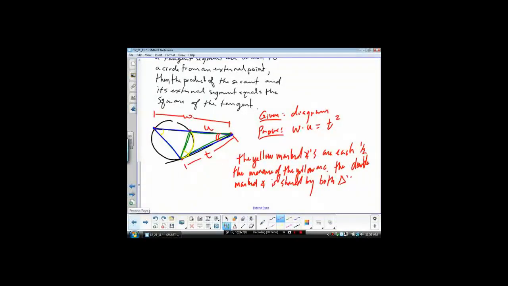So the triangles are similar, which means corresponding sides are in proportion.